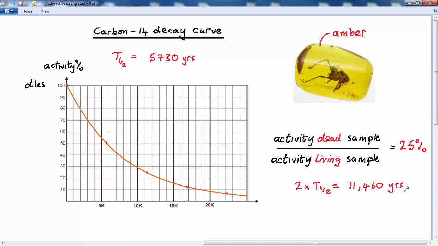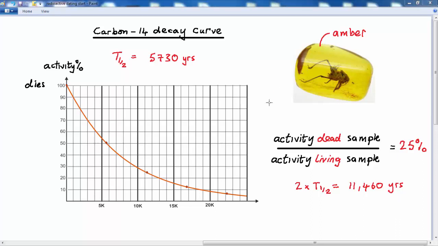If you go beyond 50,000 years, then really this method of carbon-14 dating becomes ineffective. Its half-life is really too short to establish the age of samples that go beyond that time period.